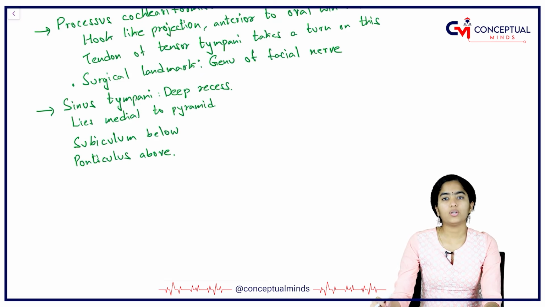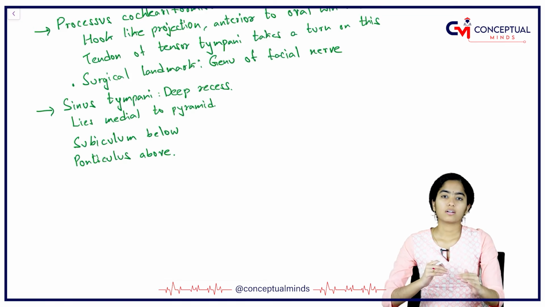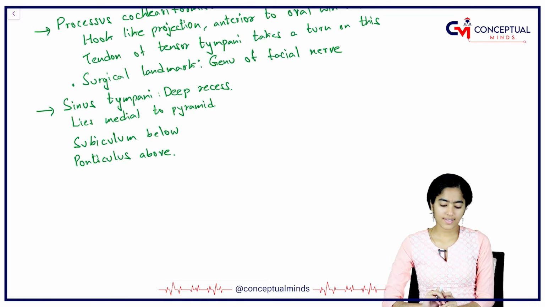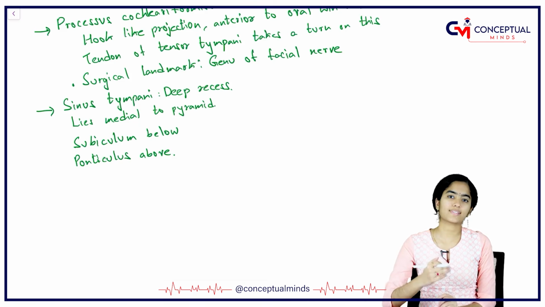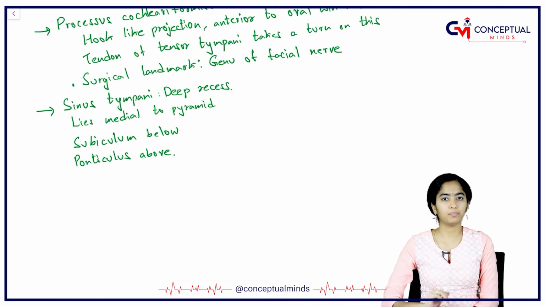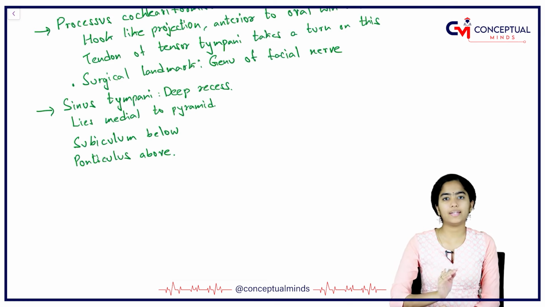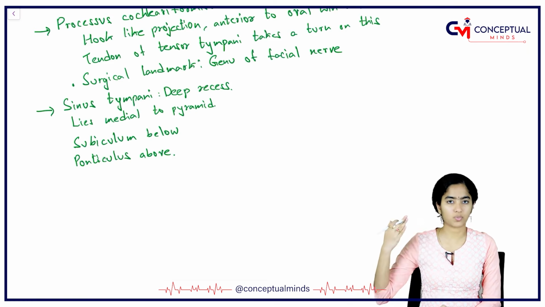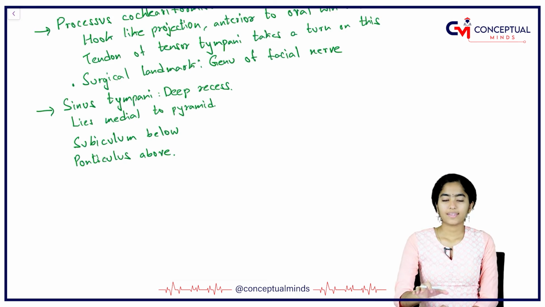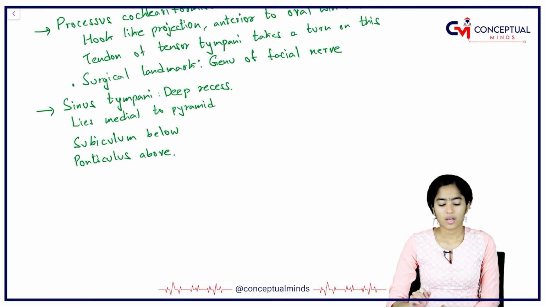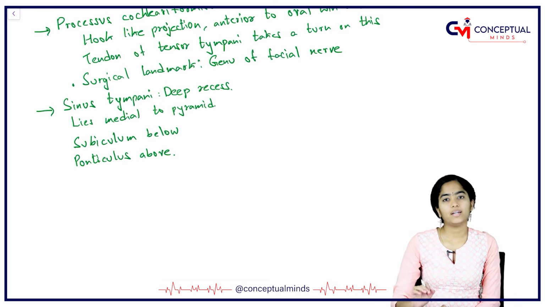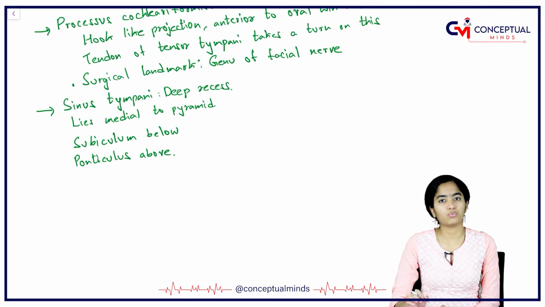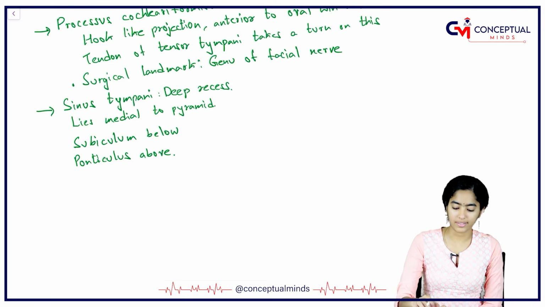Subiculum and ponticulus are two small bony crests that enclose the sinus tympani, present on either side of sinus tympani, above and below, and it is present medial to the pyramid. Pyramid is present on the posterior wall. These are the various structures present on the medial wall or labyrinthine wall of middle ear.